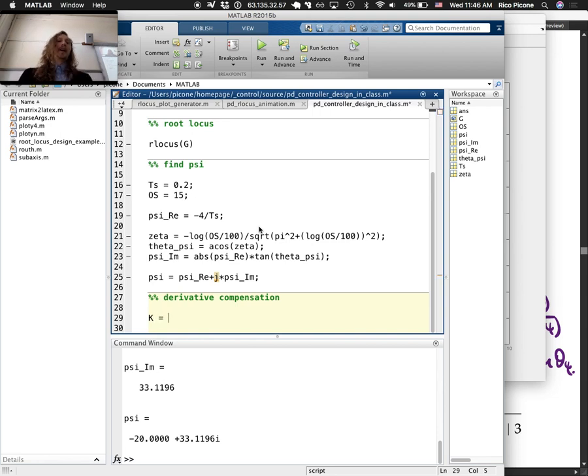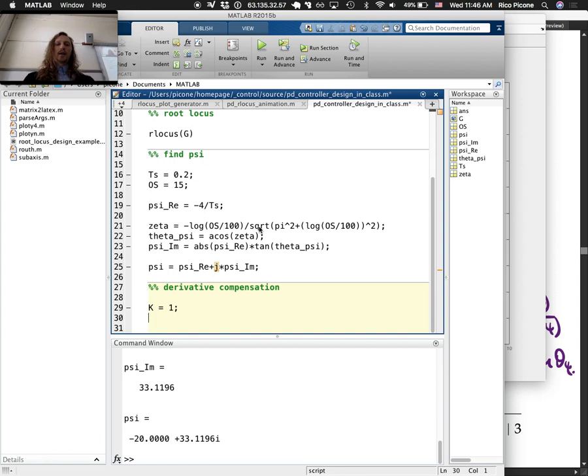We only have one gain because I'm not doing a proportional gain, K1, so we'll just have K. We'll do K equals 1, and then our compensator is equal to K times, or we could use ZPK of, we're going to put our ZC in here, which we need to compute, and our gain of K. So we've got to compute our ZC.